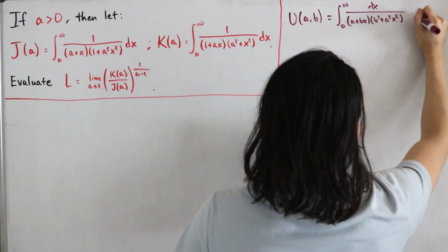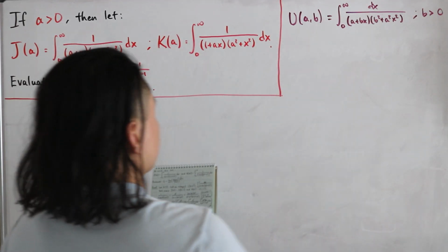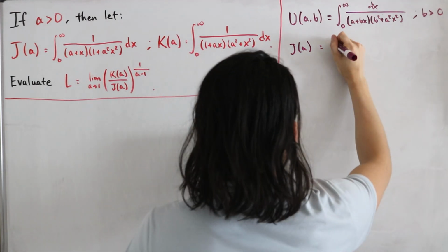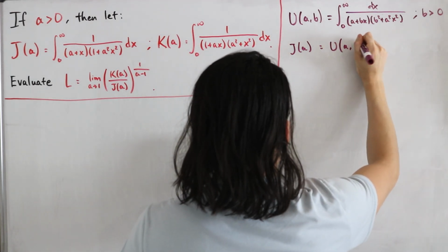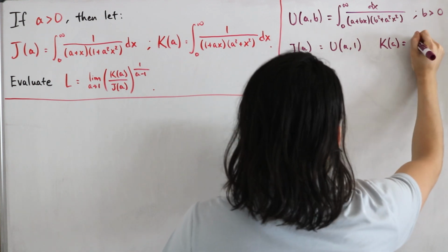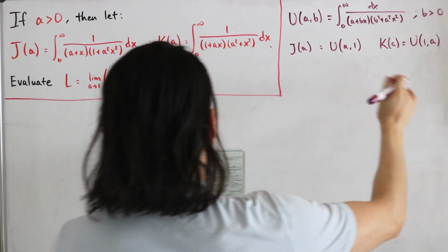So we let b be greater than 0, a positive number. It's worth noting that j of a, if you plug in the correct numbers, is the same thing as u of a comma 1, and k of a is equal to u of 1 comma a.